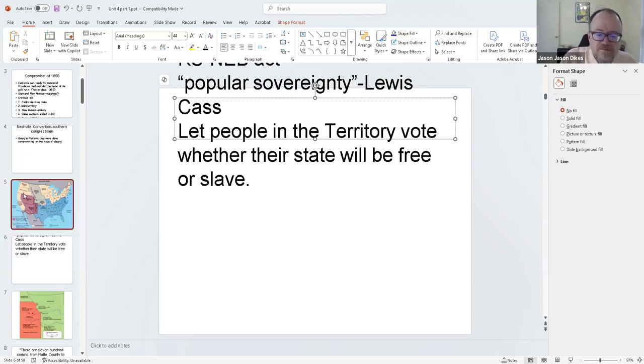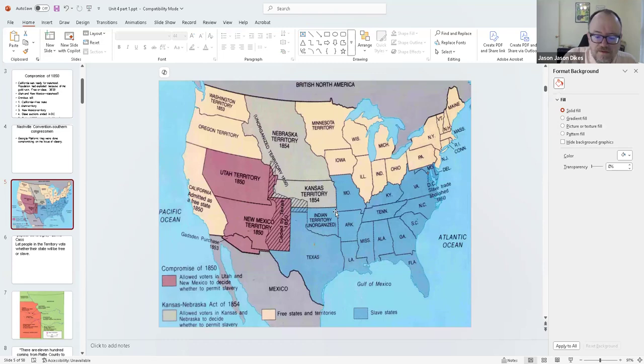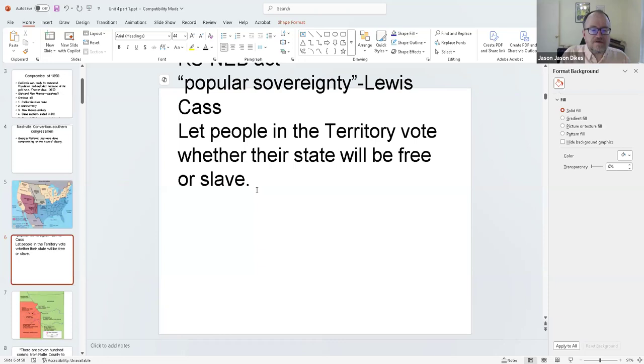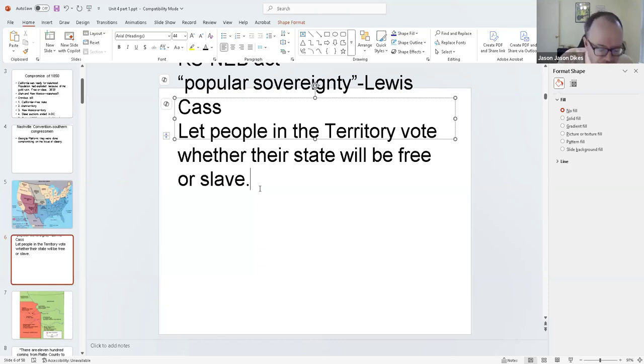Instead of having some invisible line like 36°30', or the Mississippi River, we should let the people who are going to live in Kansas decide for themselves whether they want to be a free state or a slave state. And I guess the people who will eventually live up here. So it sounds very democratic with a lowercase d. Sounds like a very good idea.